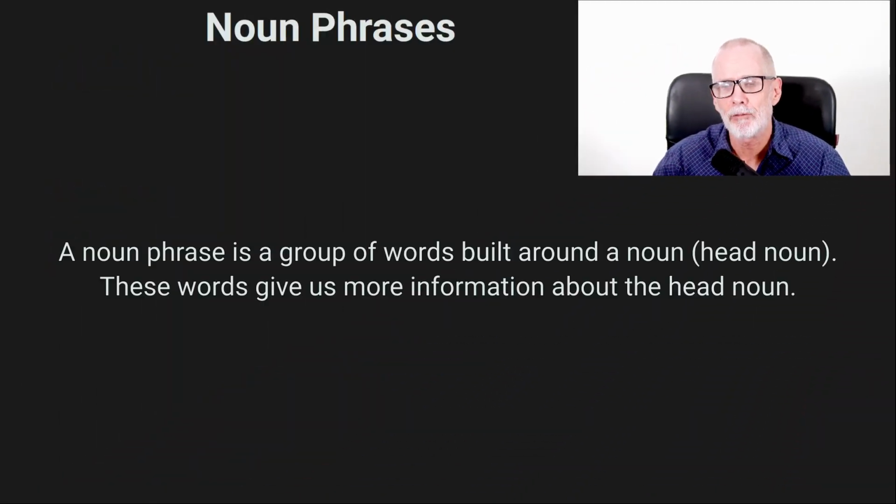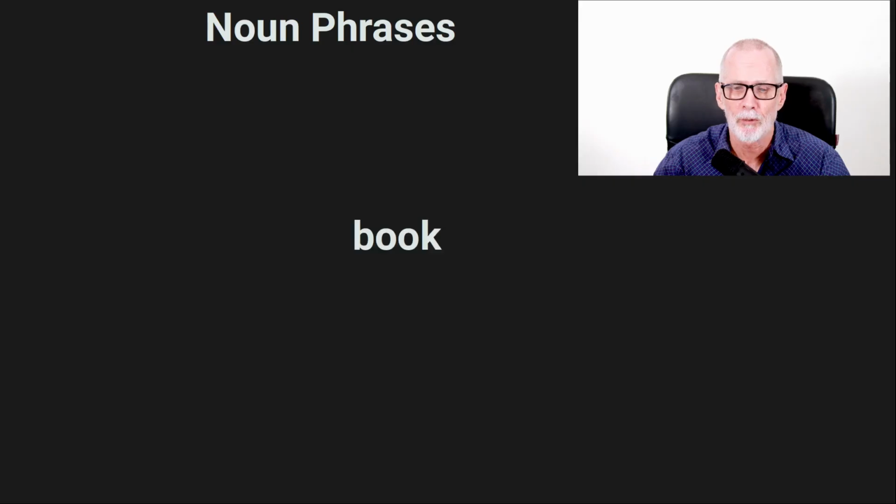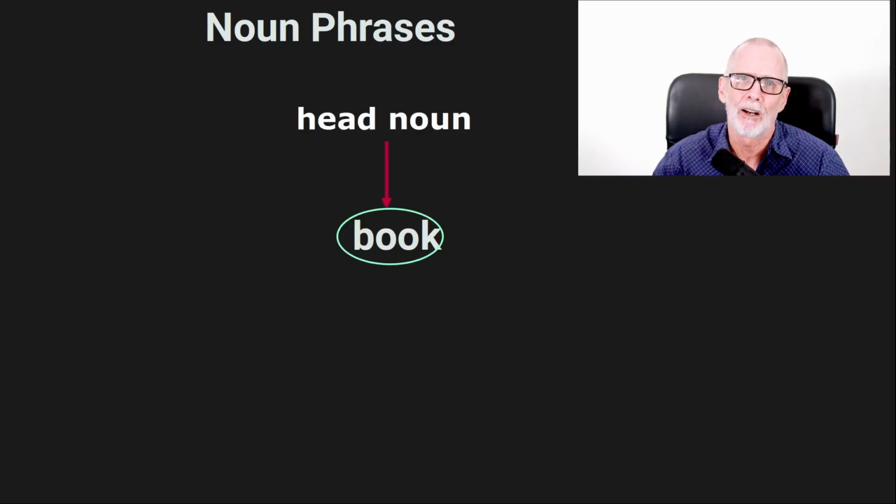So, a noun phrase is basically a group of words which gives us more information about a noun. For example, if we have the noun book, we can call this in a noun phrase a head noun. This is the main noun in our noun phrase, but I'm going to actually construct a noun phrase.